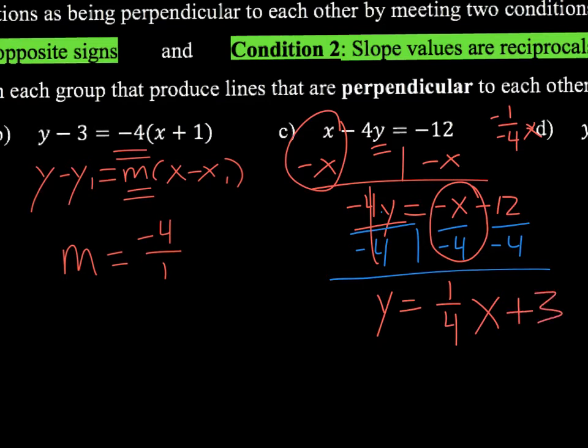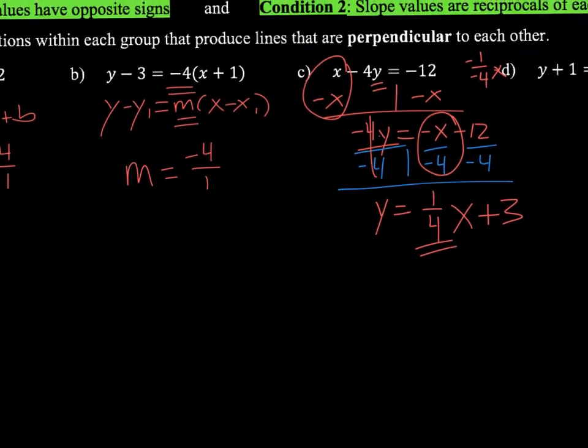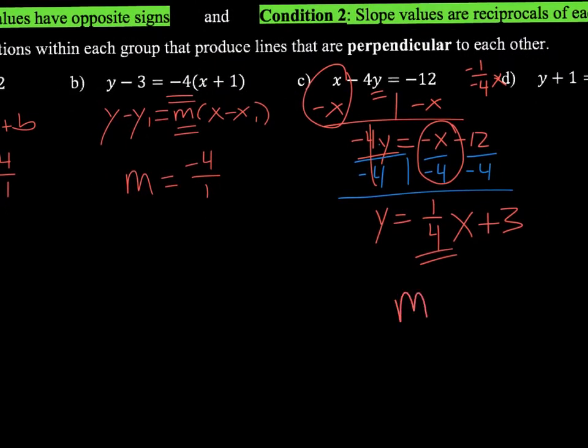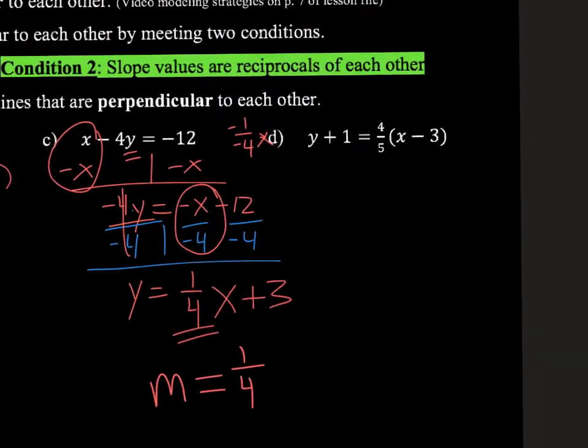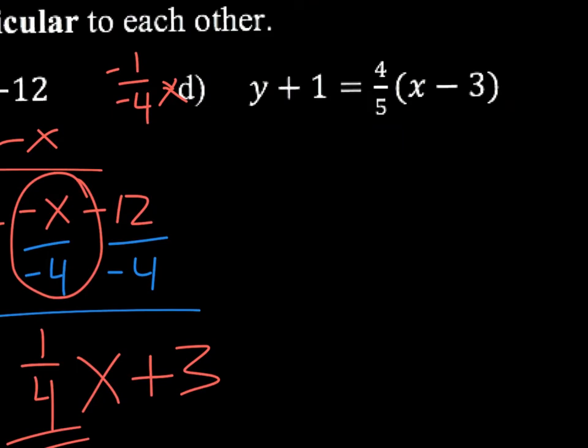So now it's in slope-intercept form. I have my slope here, and I will jot that down for when we compare these slopes. We have a slope of 1/4. And the last equation in our group is in point slope form again, so we have the slope right there, so we can quickly identify this equation's slope as 4/5.